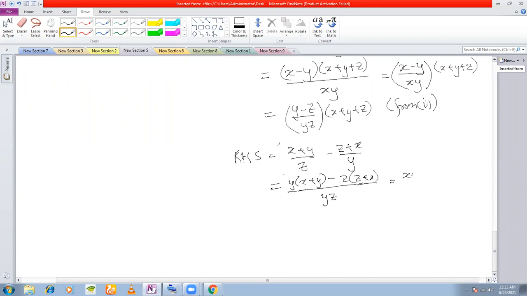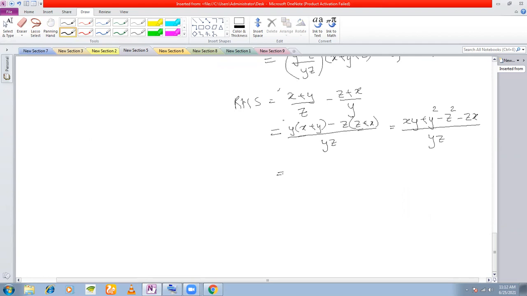So now you open the brackets, xy plus y square minus z square minus zx divided by yz. Now you take y square minus z square together, and you take xy and zx together.